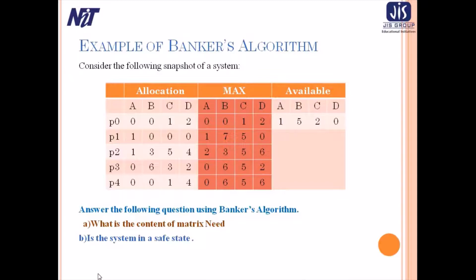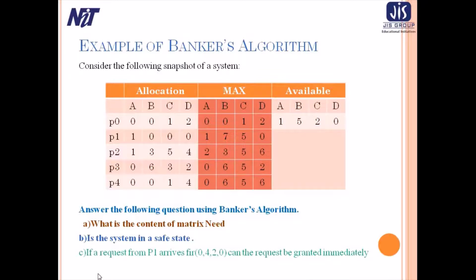Deadlock occurs only when the system is in an unsafe state. If not all four conditions are satisfied and we can prevent any one of them, then the system is in an unsafe state but not deadlocked. And if no condition is satisfied, then the system is in a safe state and there is no chance of deadlock.